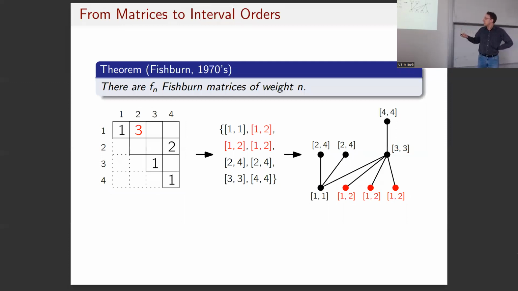So in this way, all the entries in the matrix give me a collection of intervals, and from a collection of intervals, I can build the corresponding interval order, where every element corresponds to one of the intervals, and the ordering relation is what I defined before. Right. Is everything clear so far?